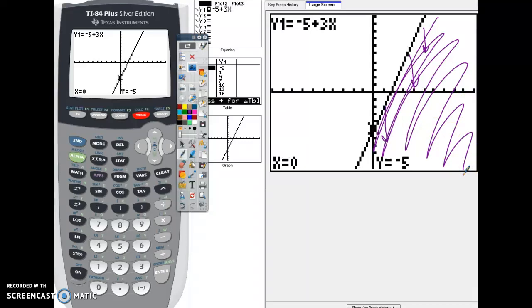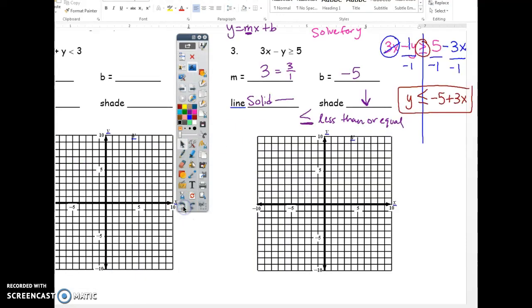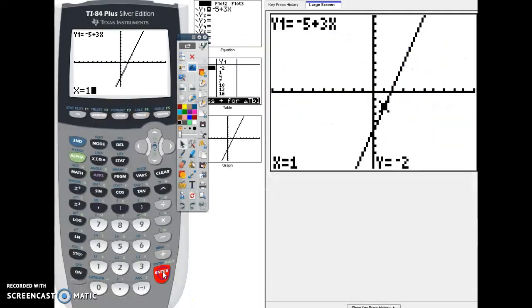So let's go plot our points. The first point is at 0, -5. That's because that's the y-intercept. So let's go plot that. And remember, because it is a solid line, you also use closed circles, not open circles. Okay? The next point, 1 enter, is -2.